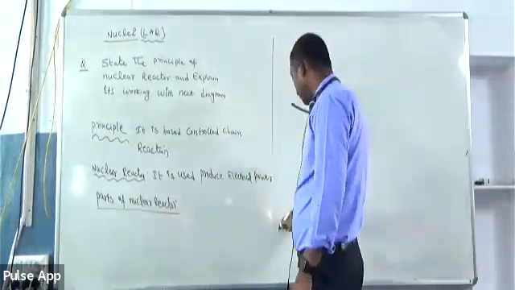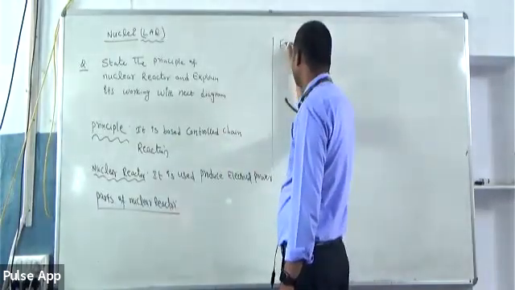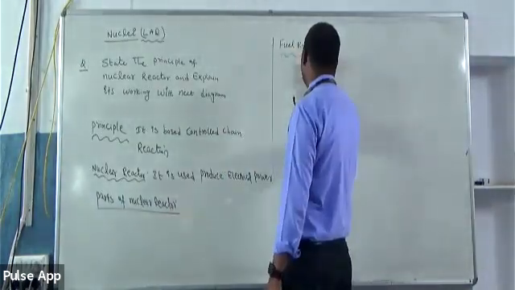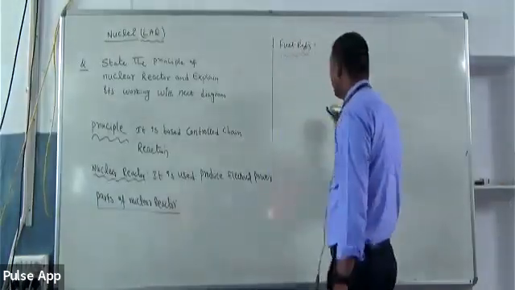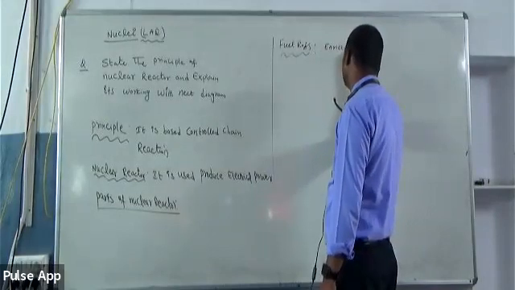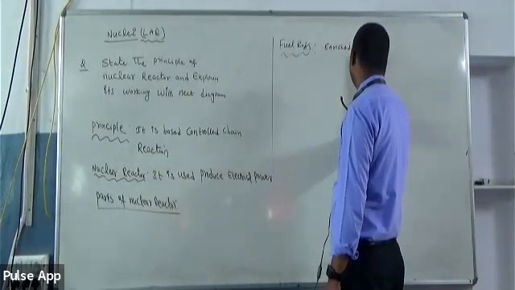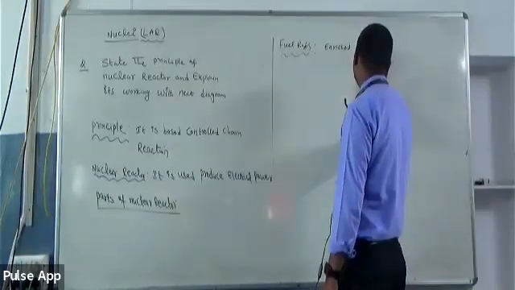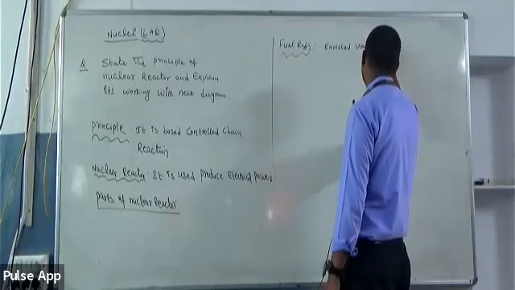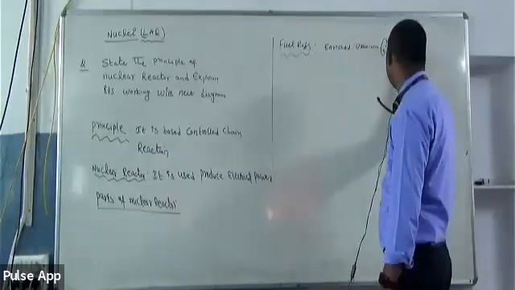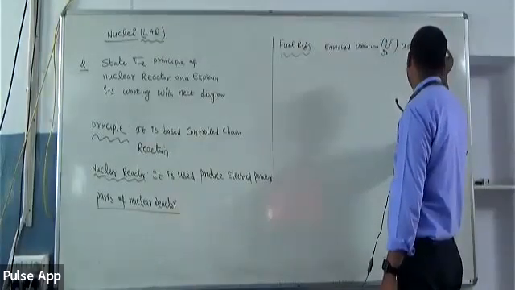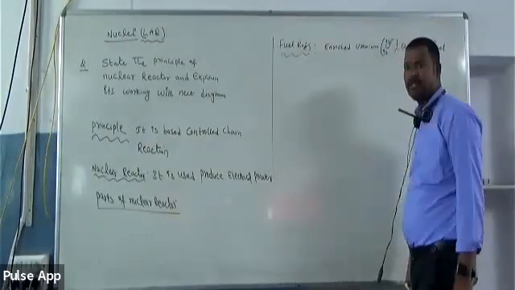First one is fuel rods. Generally in a nuclear reactor, enriched uranium, that is uranium 92-235, is used as fuel.